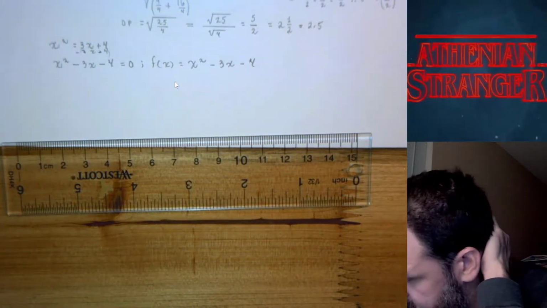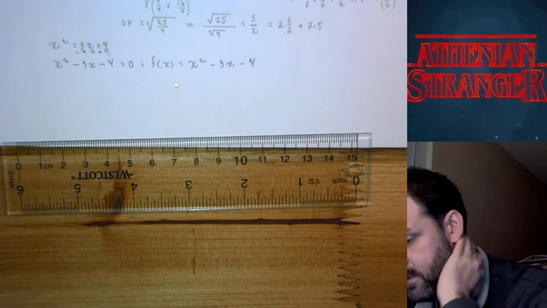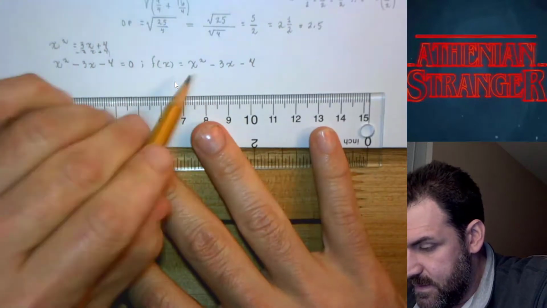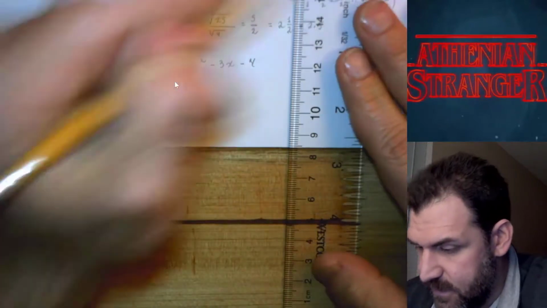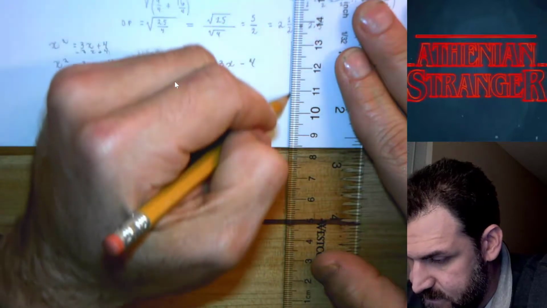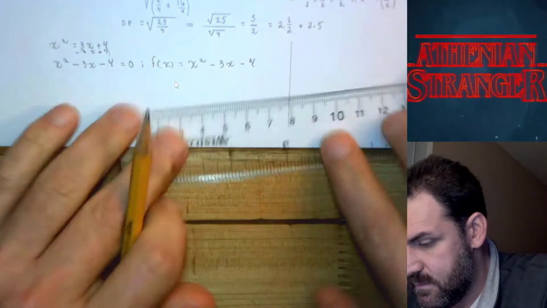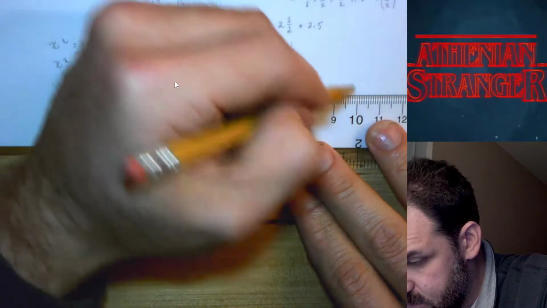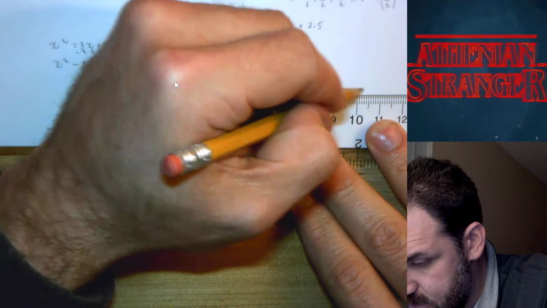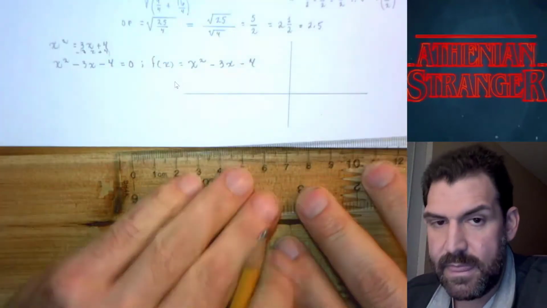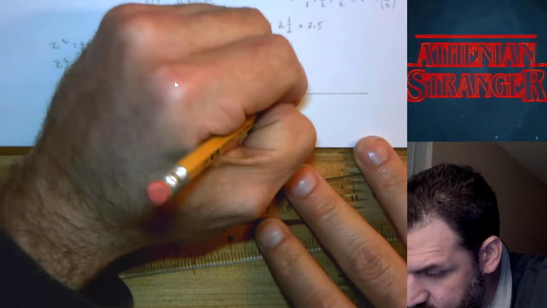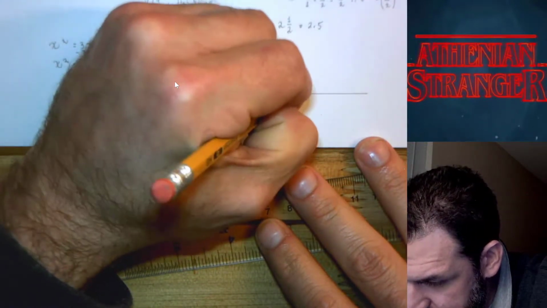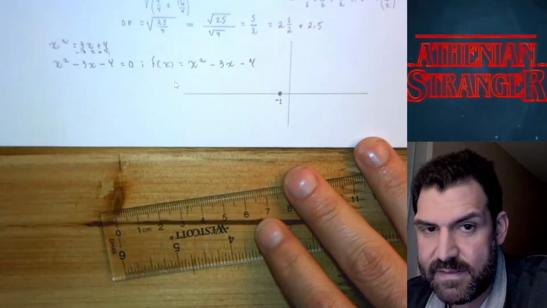And so what have we actually learned? We've learned that if we were going to draw a graph of this, we've got one solution here at -1, so it crosses the x-axis there.